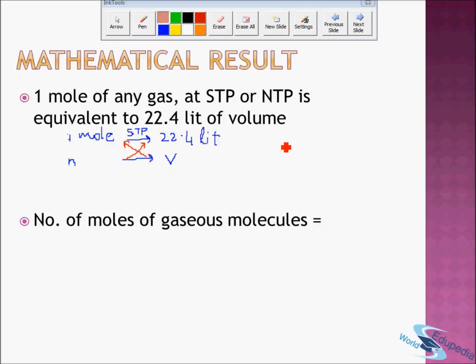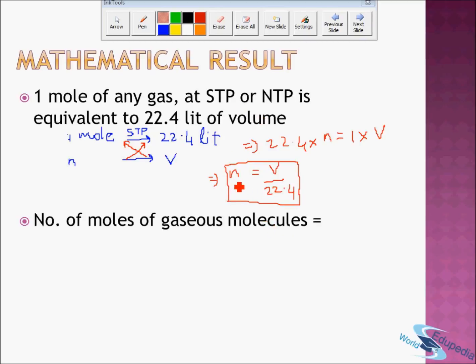So what do I get? I get 22.4 multiplied with n is equal to 1 multiplied with V. This implies n is equal to V divided by 22.4 liter.